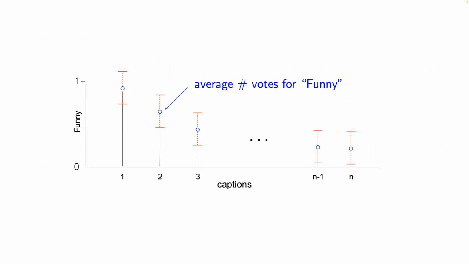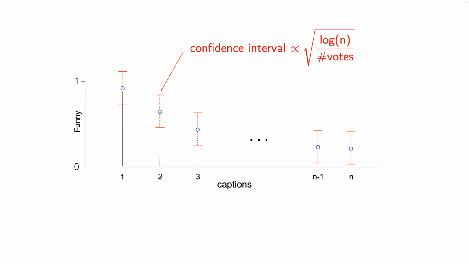the idea here is that after I get some number of funny votes from a lot of people, since it's a finite amount, I have some confidence intervals on the true funniness of each caption. These confidence intervals are shown in red here. And these confidence intervals go down like root log n over the number of votes, where n is the number of captions.